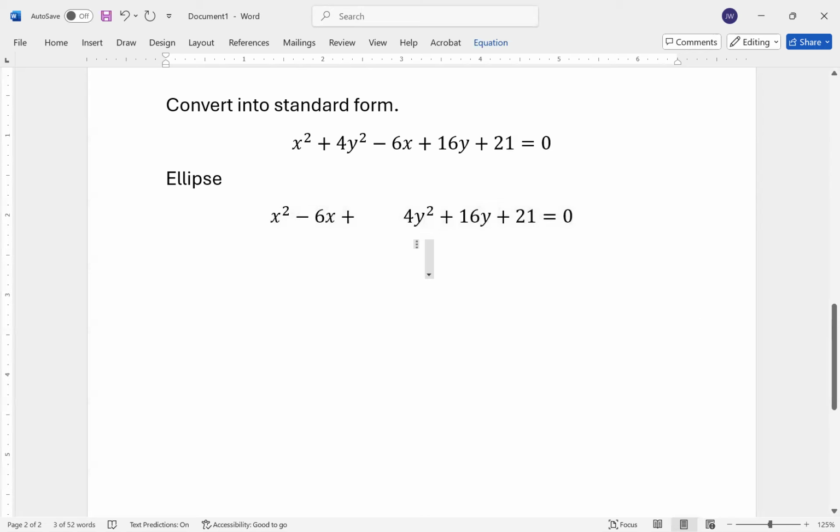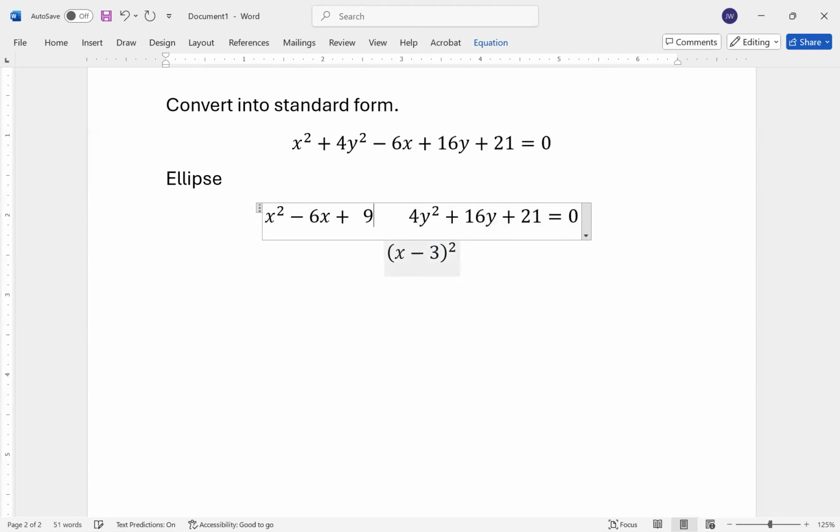So all I do is say, in order to get x squared minus 6x, I would need to take x minus 3 and square it. If I did that, I'd get x squared minus 6x plus 9. So I need to add a 9 to both sides of this equation.